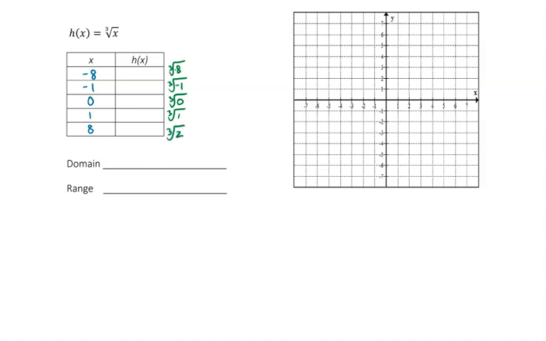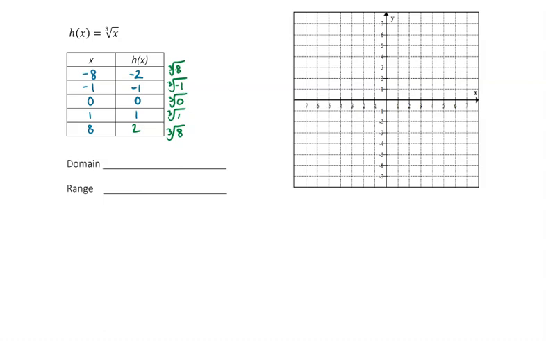So the cube root of -8 is -2. Keep in mind, cube root is not the same as square root. You can take the cube root of negative numbers. Cube root of -1 is -1. Cube root of 0 is 0. Cube root of 1 is 1. And I put cube root of 2. That is supposed to be cube root of 8. I accidentally gave away the answer because it is 2.